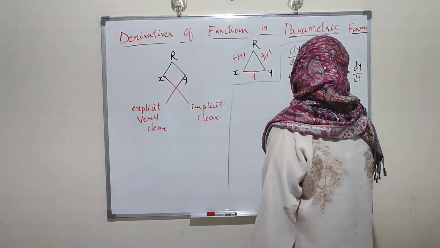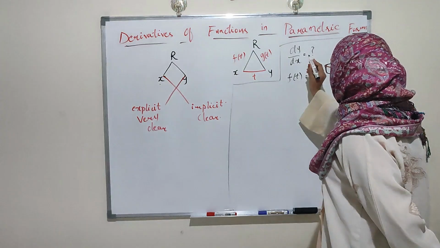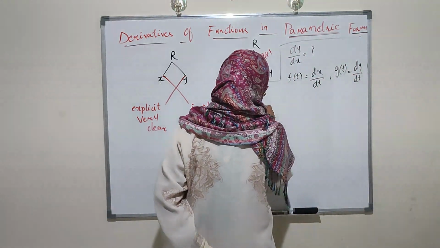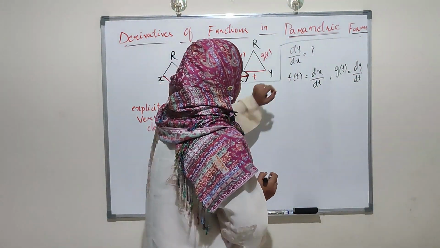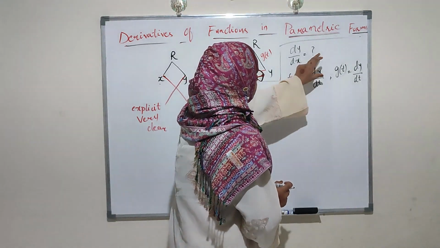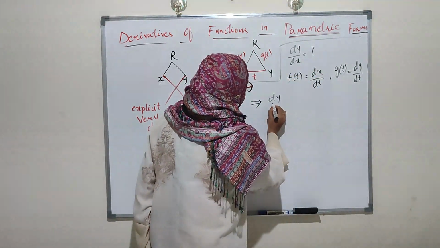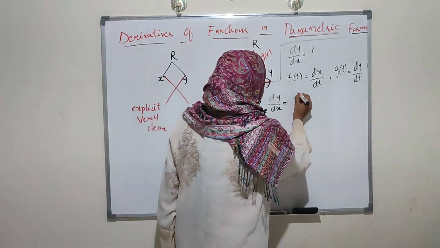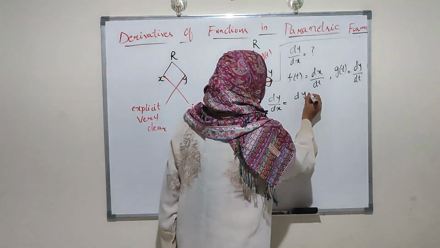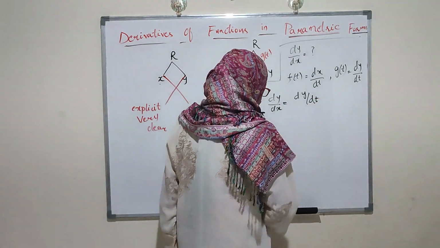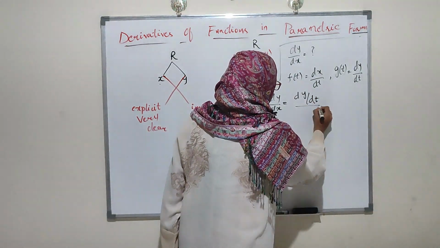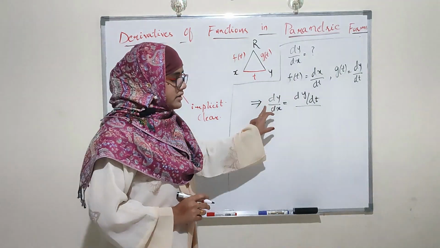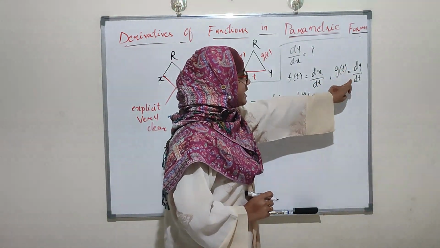Now here what is the condition? This implies what is dy by dx? Write the respective terms. Dy by dx is dy by dt divided by dx by dt. In terms of y we are finding here, that's why I am taking dy by dt.